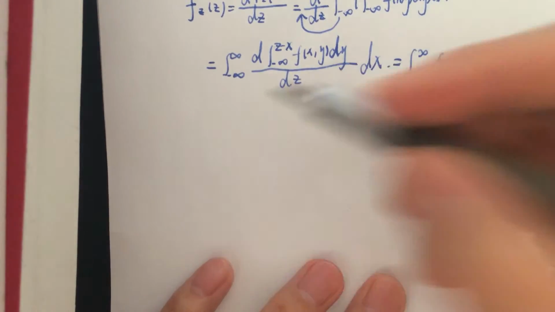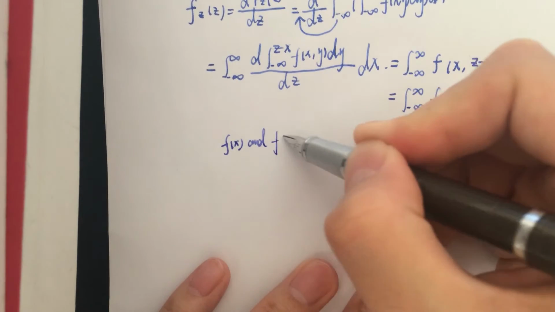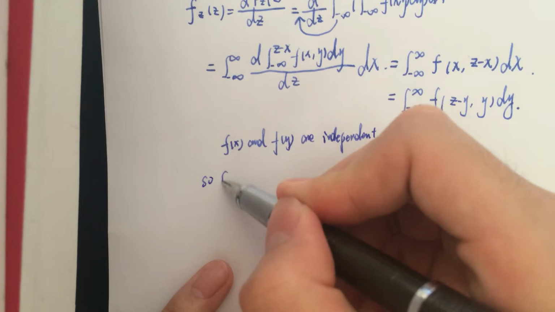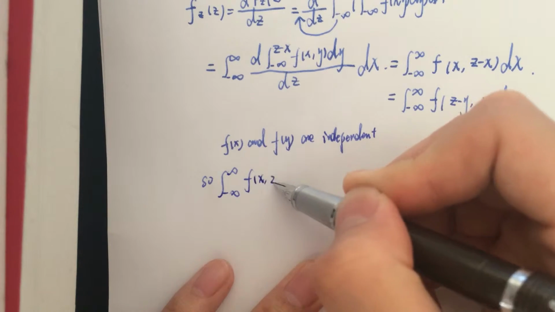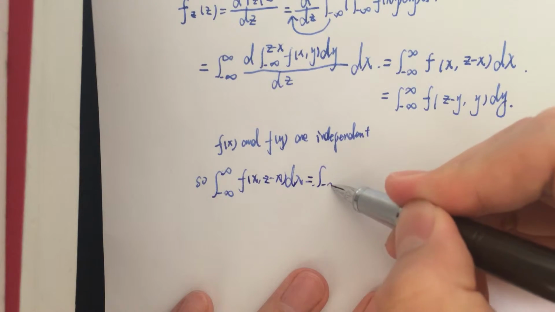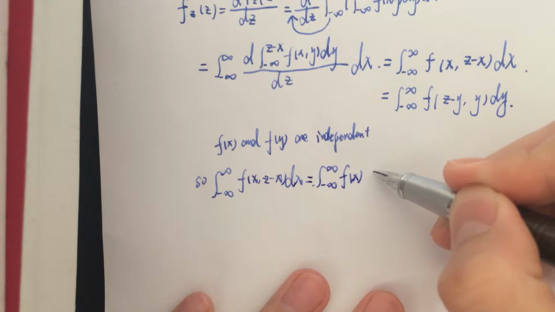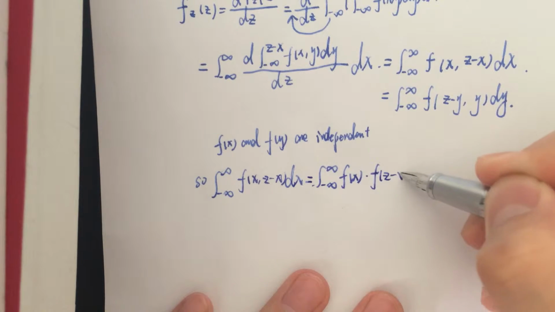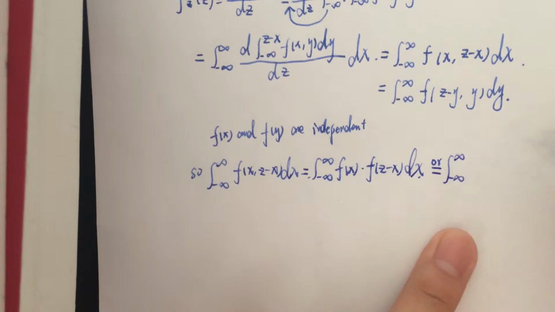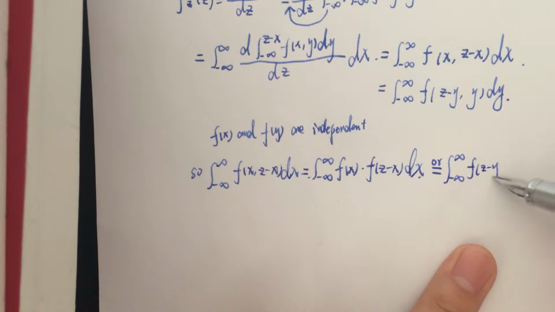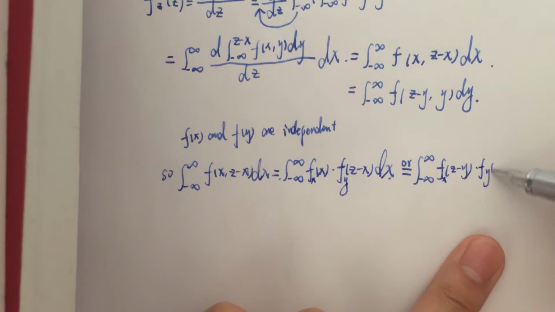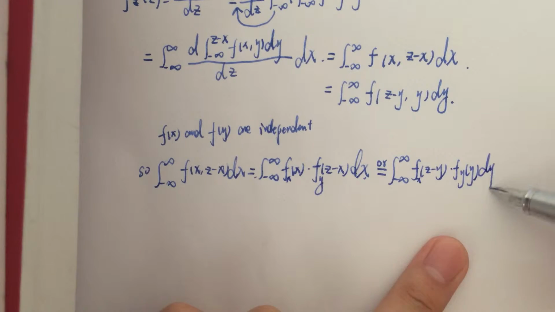And since X and Y are independent, the integral from minus infinity to infinity of f(x, z minus x) dx equals the integral of f_X(x) times f_Y(z minus x) dx, and this is also equal to the integral of f_X(z minus y) times f_Y(y) dy.